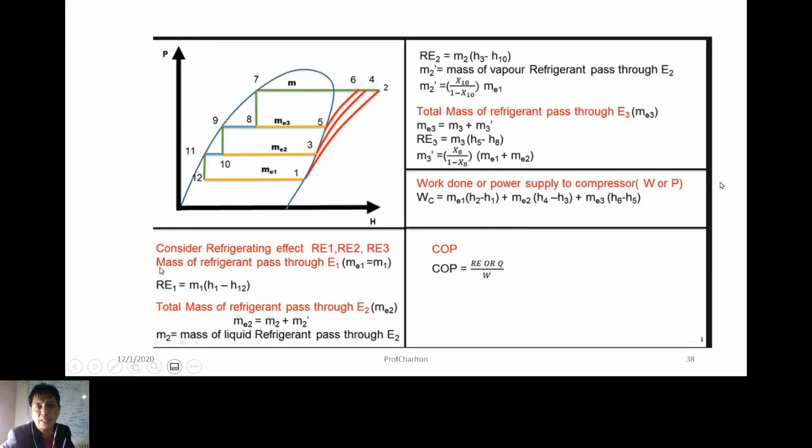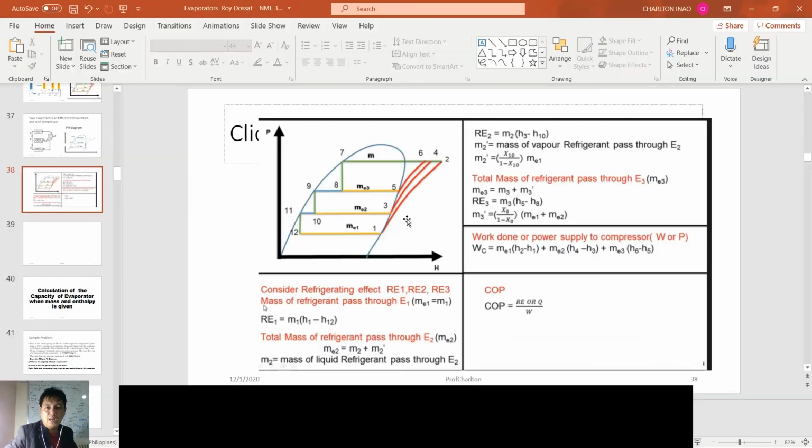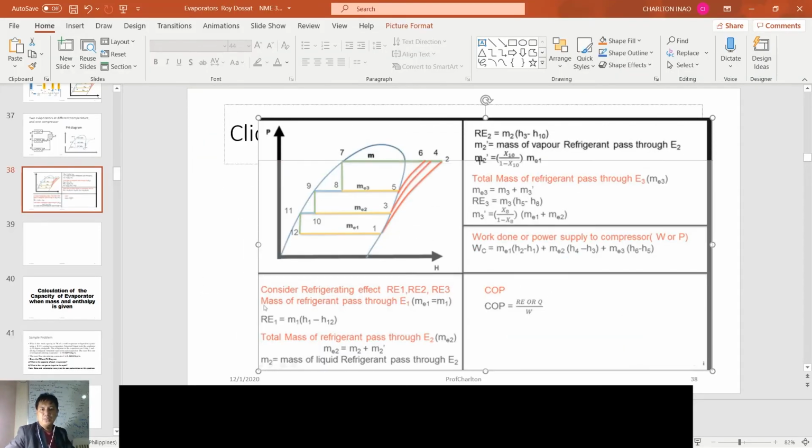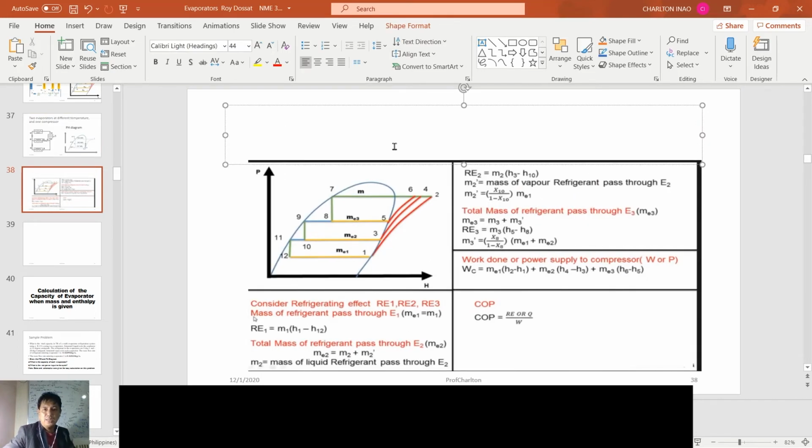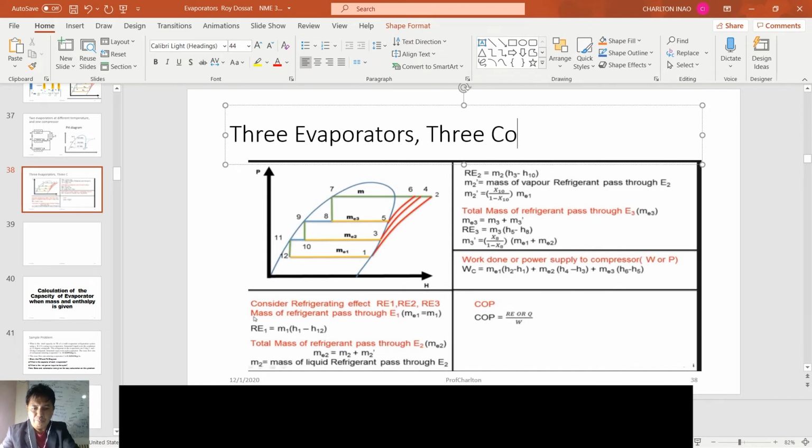Now this is the third case. How do we label this? The third means 3 evaporators, 1, 2, 3, and 3 compressors, 1, 2, 3. Meaning, multi-compressors and multi-evaporator.